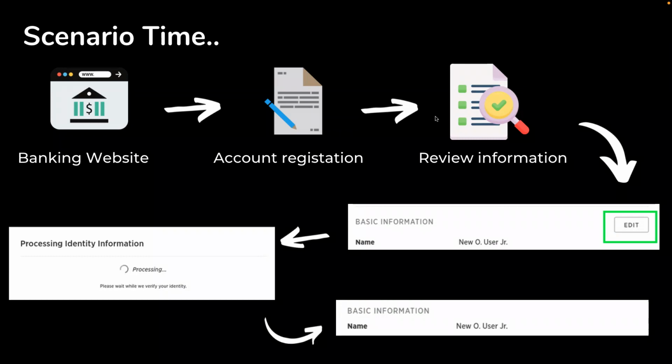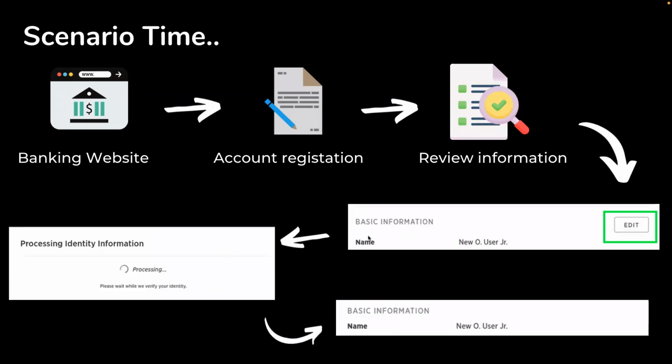After that step, it says please review your information before clicking on submit. When I went to the review information page, it gave me an edit button there. So it says that before submitting, if you want to edit any information, you can edit it.